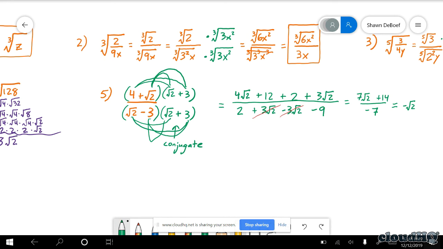And then 14 divided by negative 7 is negative 2. So I have negative square root of 2 minus 2. You won't always be able to simplify the fraction, but in this case, we are. So don't forget about conjugates.